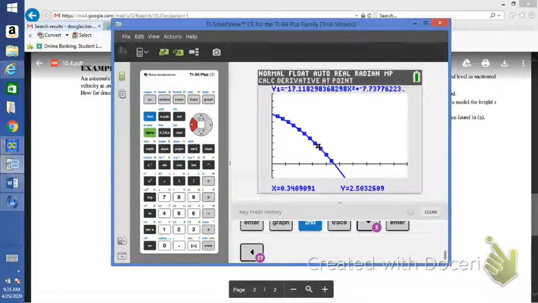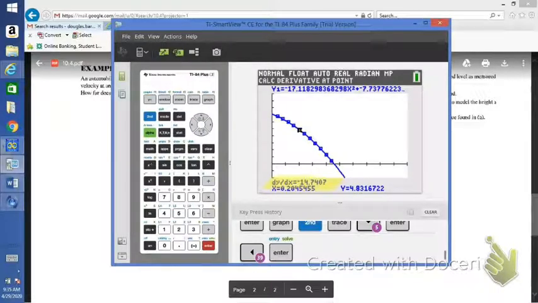I'm just taking the cursor and moving it till I get approximately x equals 0.2. And then I would hit enter. And so you can see the instantaneous velocity here. It would be negative 14.74, and that would be approximately feet per second at t equaling 0.2. Okay, so that's one way. Alright, that's an approximate.